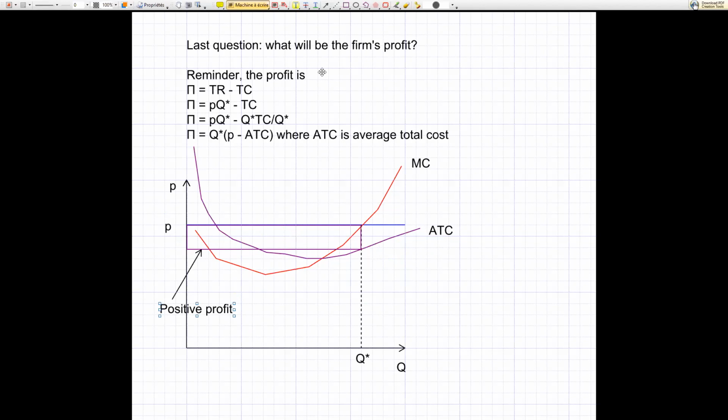So for instance, here equals $9. Average total cost equals $7.